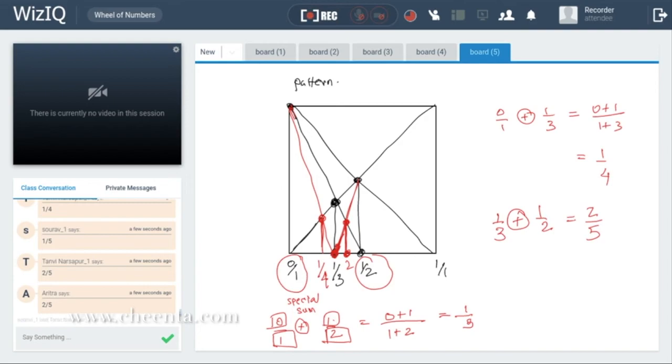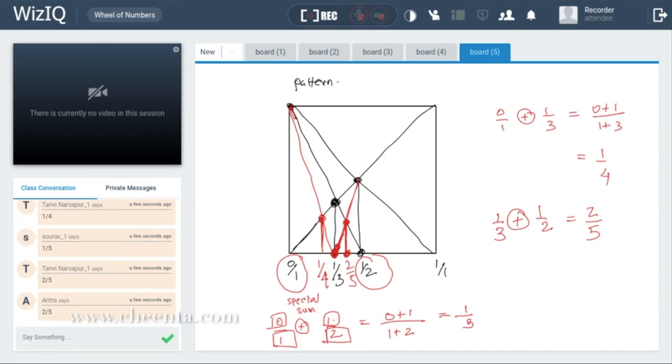And that's what we found. Do you realize? We found the point 2 by 5 by our hardcore computation. So my claim is that every time you join this one, can you guess what this point will be?